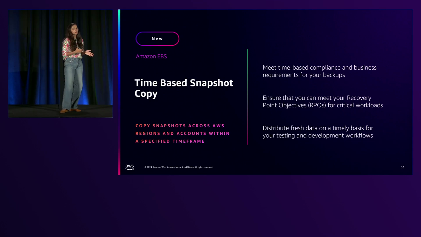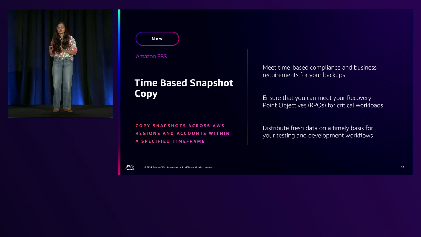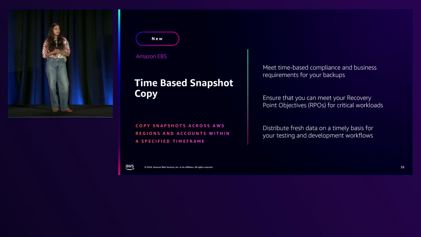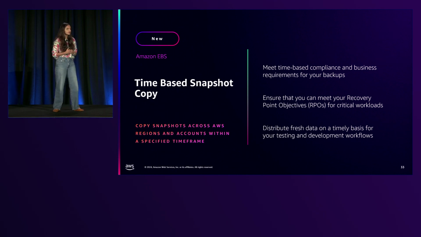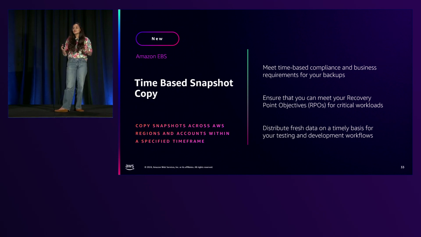With this feature, they can specify anything between 15 minutes to 48 hours for how long they want the snapshot copy process to take. When should it finish, right? If you have an RPO of 15 minutes, you can just specify that, and we'll meet that. So it becomes very deterministic. It gives you predictability and consistency in your workflows. And you can also use it to ensure that your copies are faster if that's your requirement.